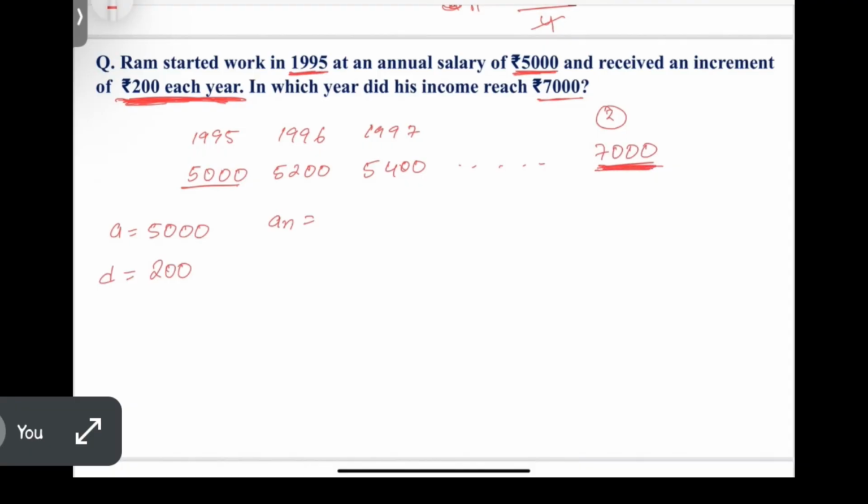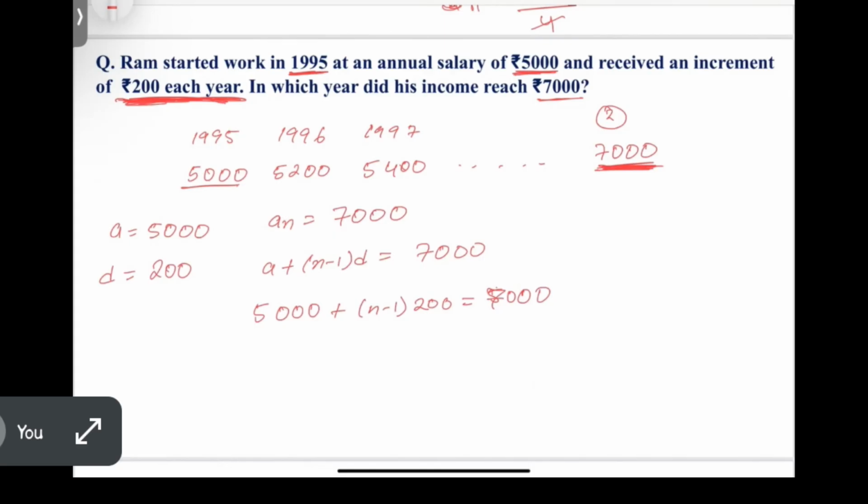It is how much? 7,000. And an formula was a plus n minus 1 into d is equal to 7,000. Now let's put the value. 5,000 plus n minus 1 into d, which is 200, equal to 7,000.